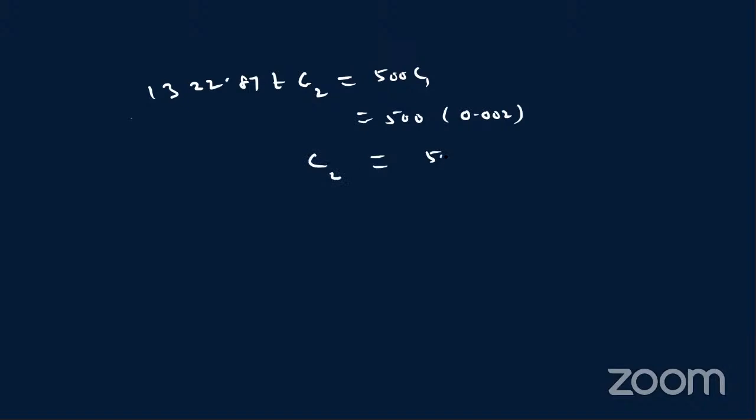Let me go to the next one. Now 1322.87 t is equal to t, into C2 equal to 500 C1, or that is equal to 500 into what is C1, 0.002, which comes to C2 equal to 500 into 0.002 by 1322.87, which comes around 0.0007559.